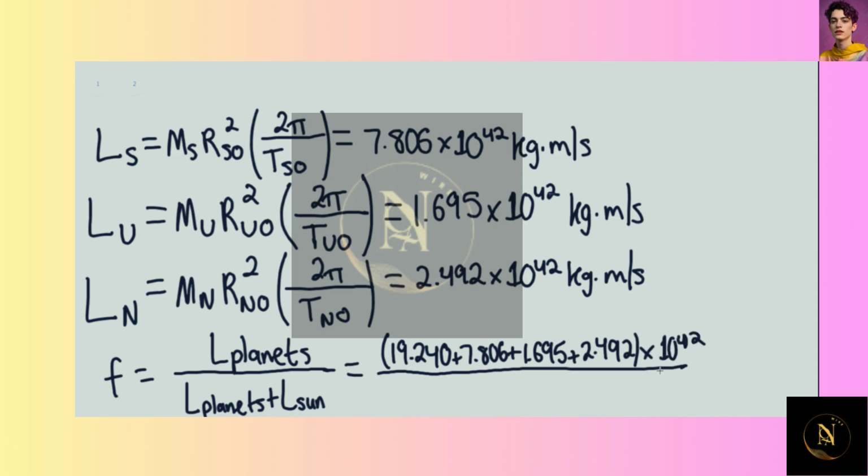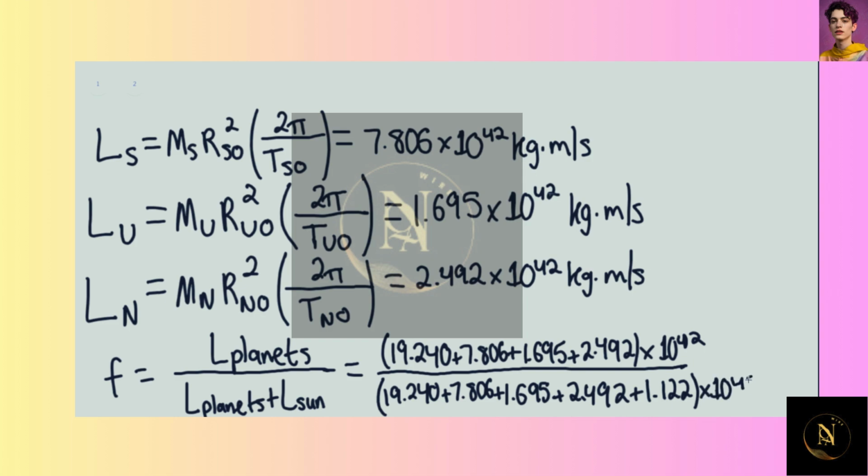We'll lose the units because we're dividing by the same variable, so the units are going to cancel out anyways. And then we're going to divide this by, again, 19.240 plus 7.806 plus 1.695 plus 2.492, and then plus that of the sun, so we'll round 1.122 times 10 to the 42nd.